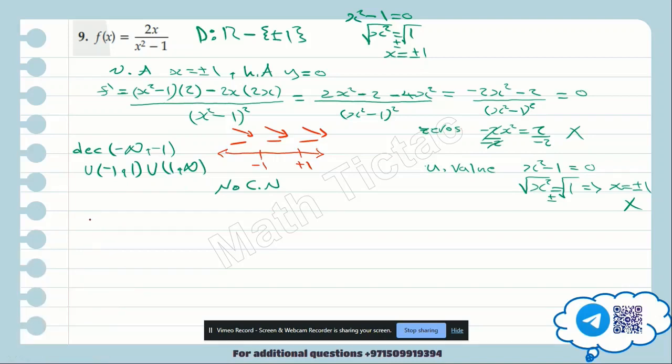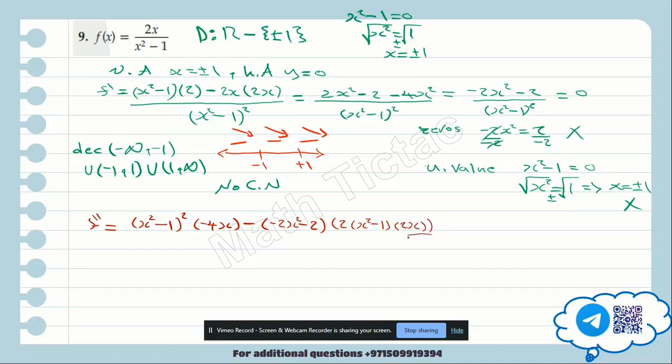Okay, so the second derivative, f double prime, let's find the derivative of this, which is the denominator, x squared minus 1 to the power 2 multiplied by the derivative of the numerator, which is minus 4x, minus the numerator, minus 2x squared minus 2 multiplied by the derivative of the denominator, which is 2 times x squared minus 1, multiplied, this is chain rule, by the derivative of what is inside, which is 2x.